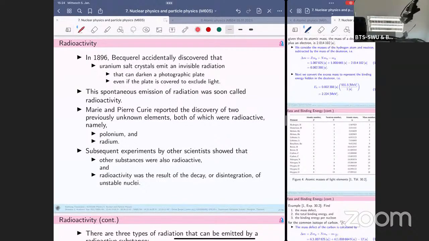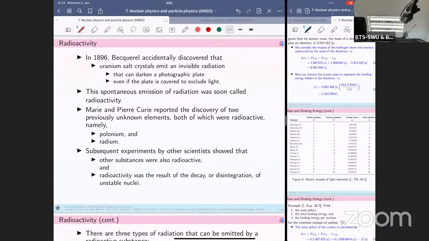That's the accidental experiment. This spontaneous emission of radiation was soon called radioactivity. That's the origin of radioactivity, because Becquerel had uranium salt in his laboratory, and he found that a particle is emitted from this crystal, and it can have some effect on the photographic plate.